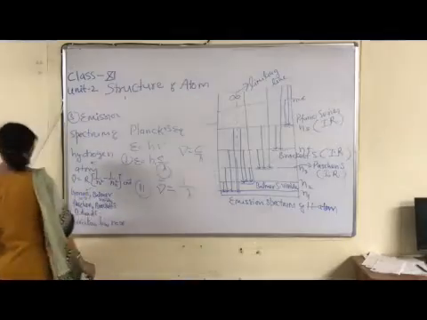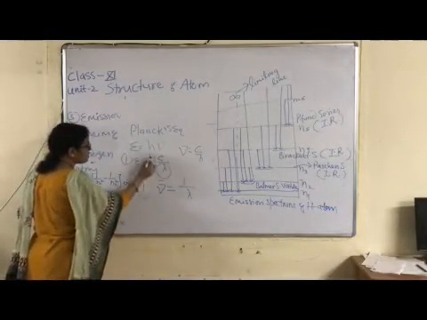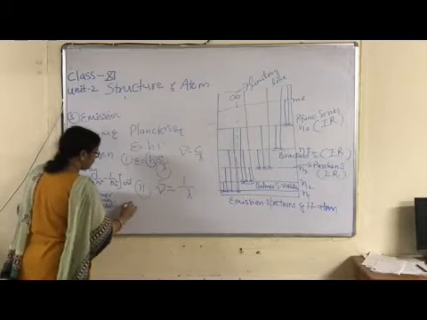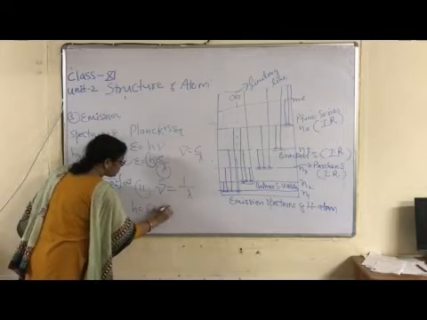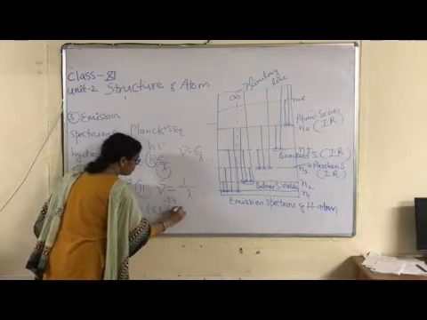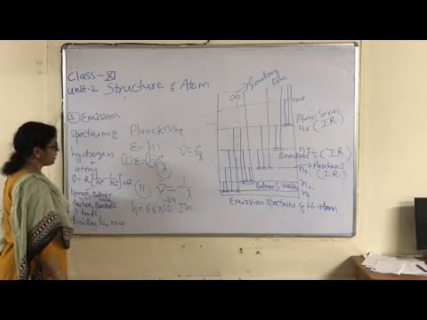Okay children, how many values are constant? First is Planck's constant, which is h is equal to 6.6 into 10 raised to the power minus 34 joule second. Right?